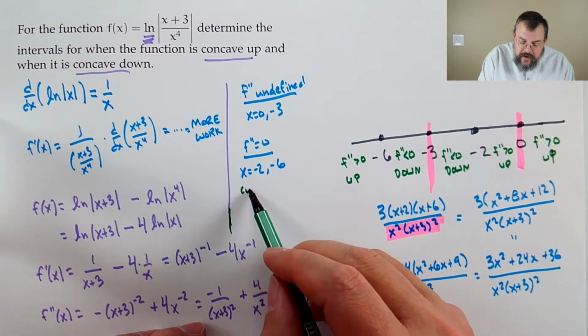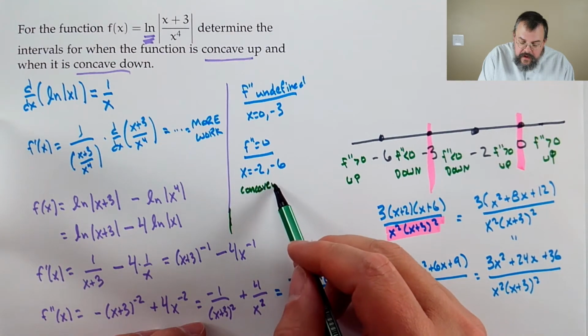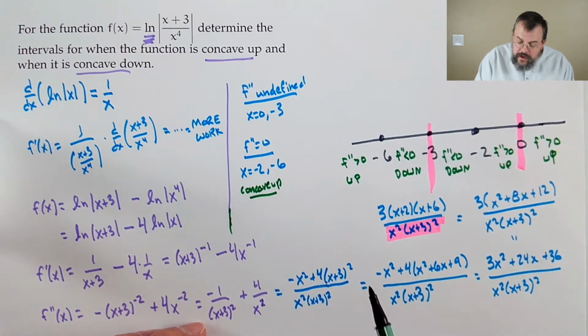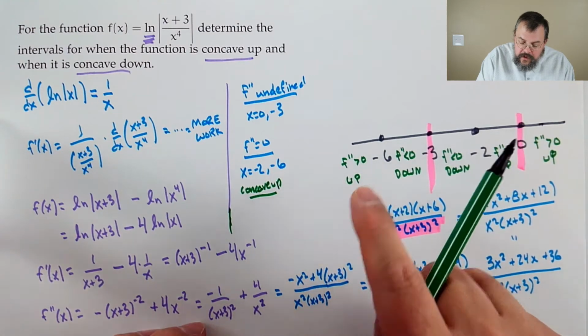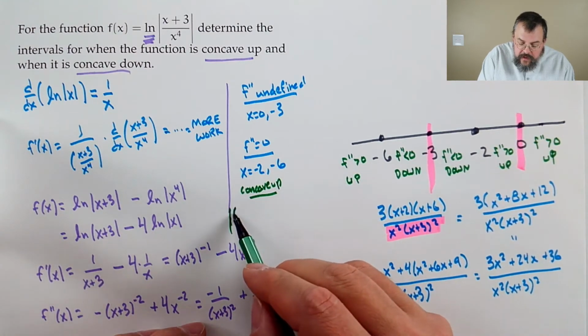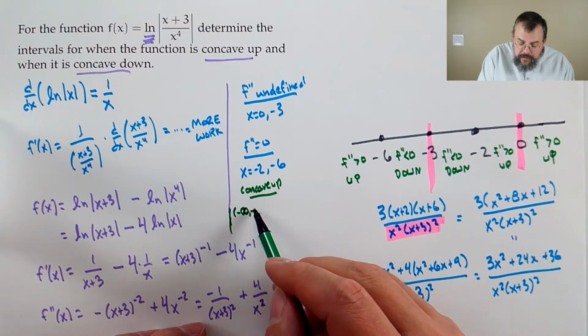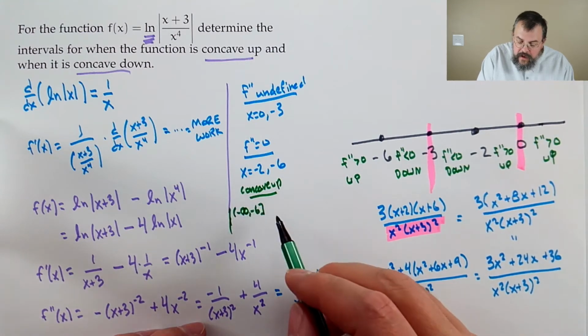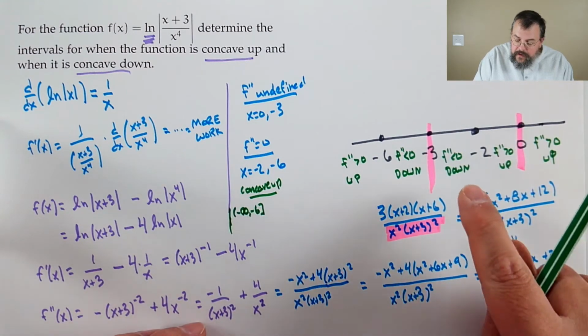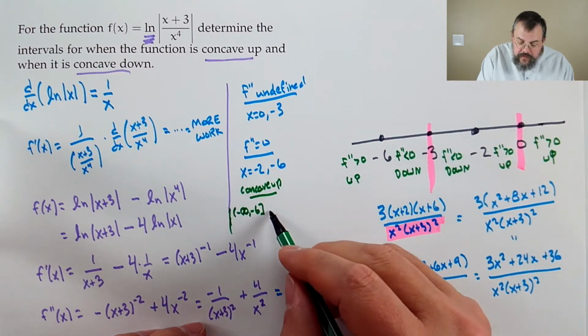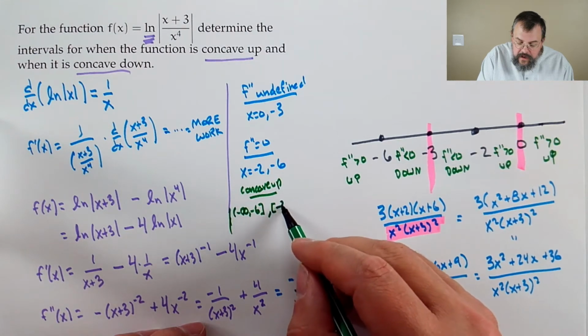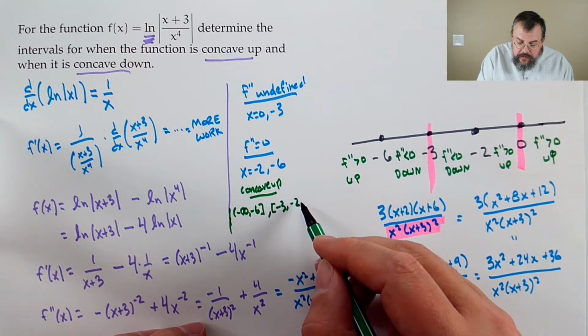All right, so concave up will be what? Well, we'll have below -6, so we go from -infinity up to -6. And where else do we have? Well, from -3 to -2, so from -3 up to -2.